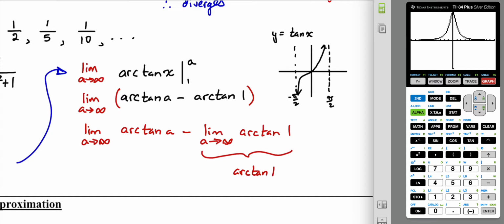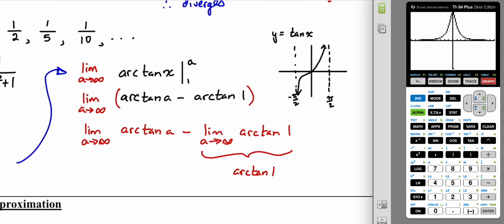The highest x value for the tangent function becomes the highest y value for the arctangent function. So it's just a matter of drawing it with the appropriate shape. As you go out to infinity, where are you going? You're going to whatever that horizontal asymptote is, and that's going to be pi over 2. So pi over 2 minus the arctan of 1.